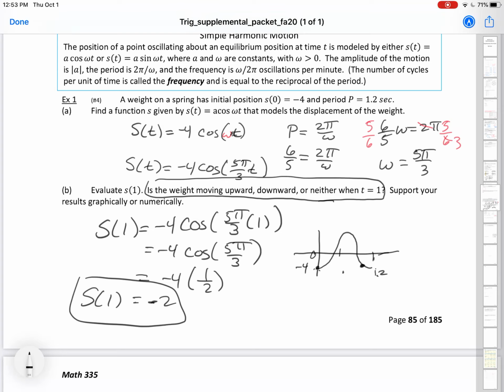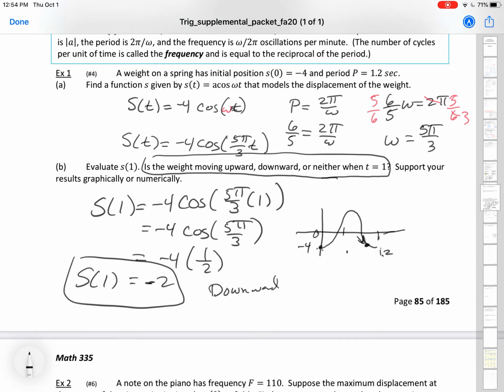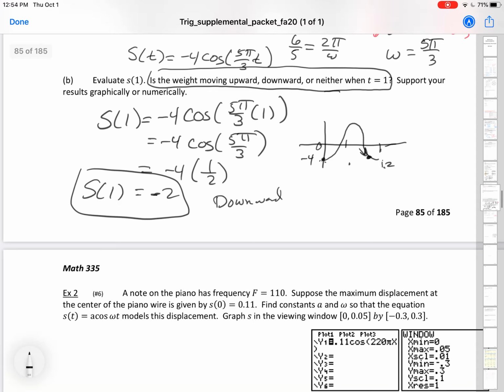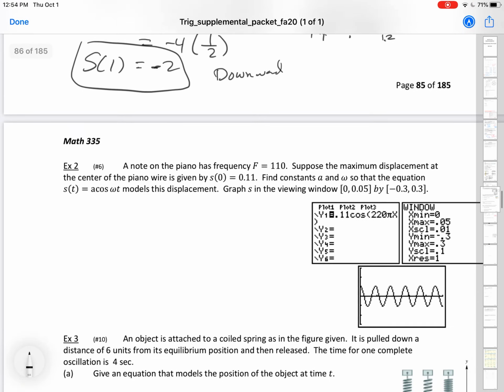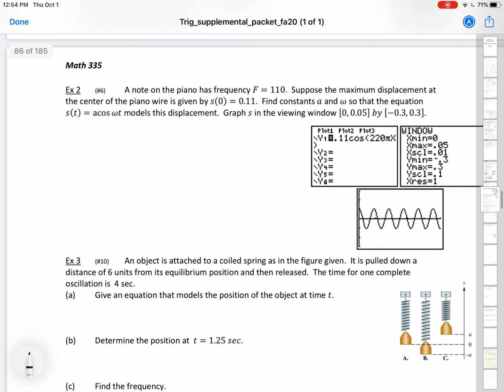So 1's back here. It's definitely on the downward trend because of how close we are to the period. So we would say downward. The other thing you could do is realize that from going from 1 to 1.2, it's got to fall down to the -4 in order to be at that same level, and so we must be going downward. So something to think about there.